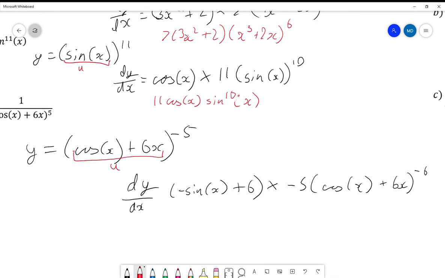And then we can simplify that, and we're going to get negative 5 multiplied by (minus sine x plus 6) all over (cosine x plus 6x) all to the power of 6, positive 6, because it's now in the denominator.